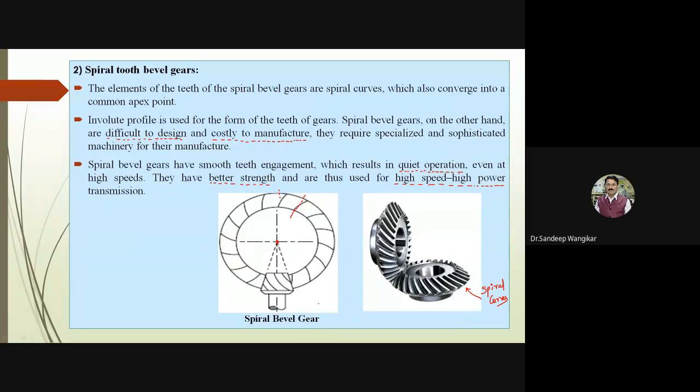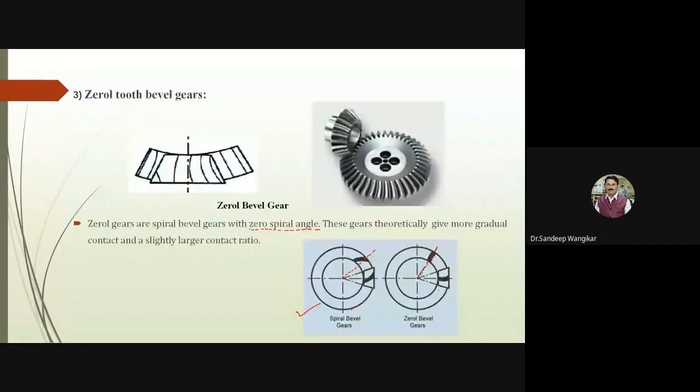If you compare, take any one tooth like this, I am just highlighting. If you take these teeth, and again in this case, this can give a clear-cut idea about zero: approximately straight type of teeth will be there. So zero spiral angle, you can say.